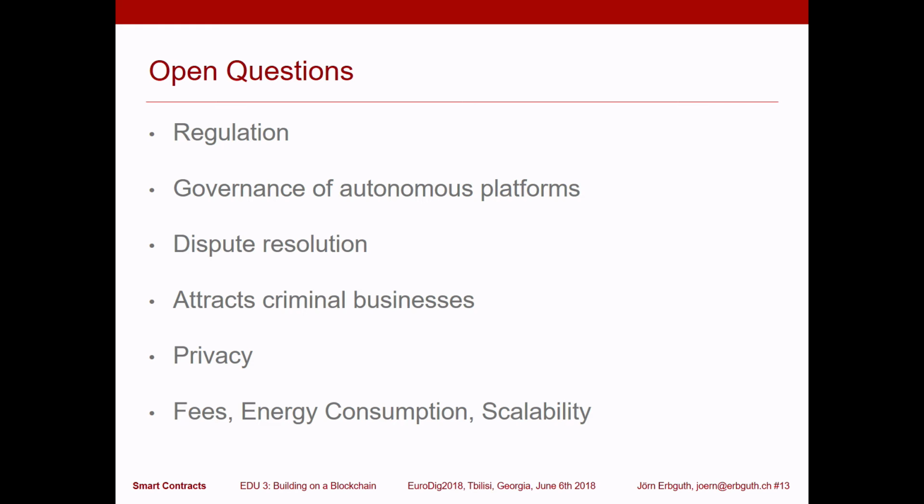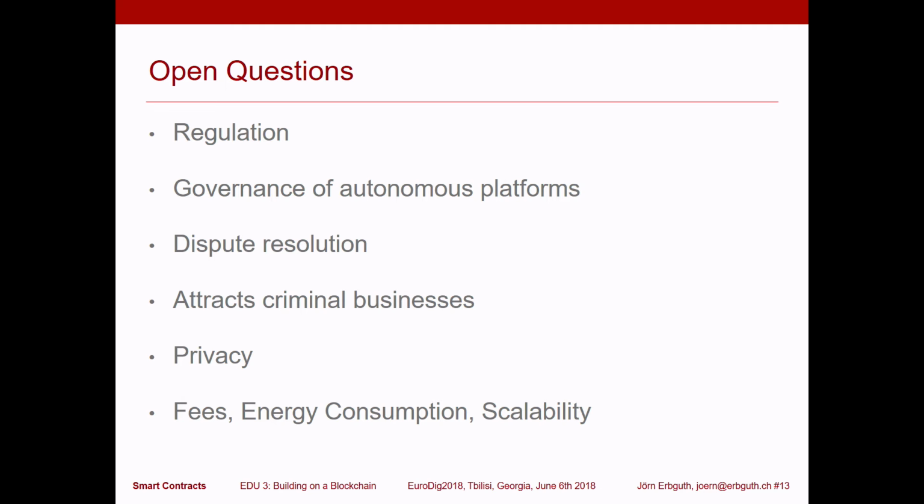The governance of autonomous platforms, dispute resolution: what happens if we don't agree? If you say the bike is defective and somebody else says, no, it is okay. It attracts criminal business because criminals need trust. They can't go to court because another criminal didn't deliver, so they need something that provides trust to them.